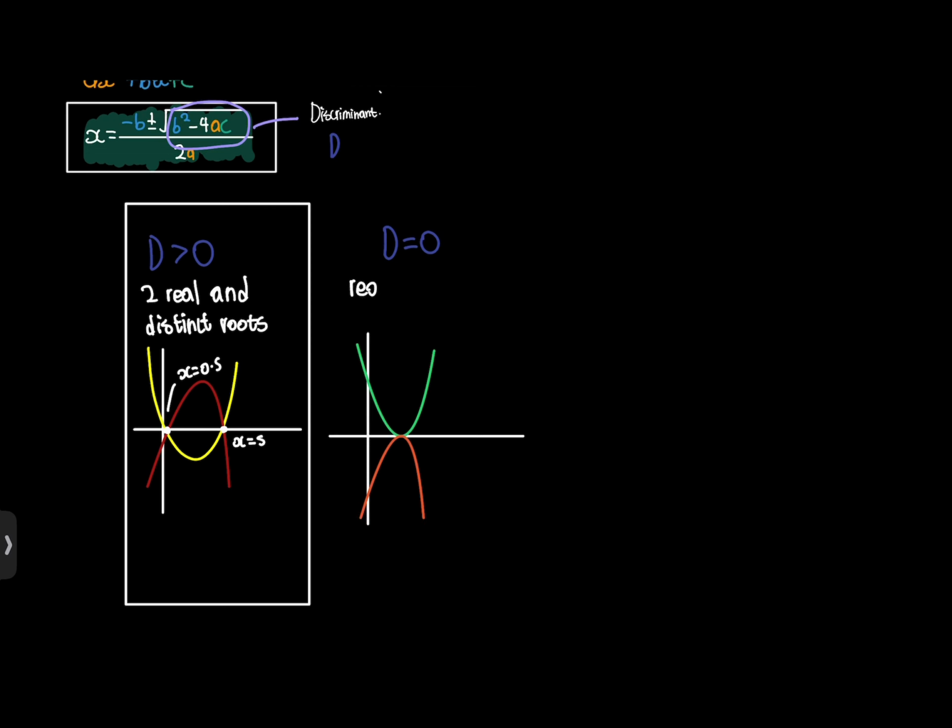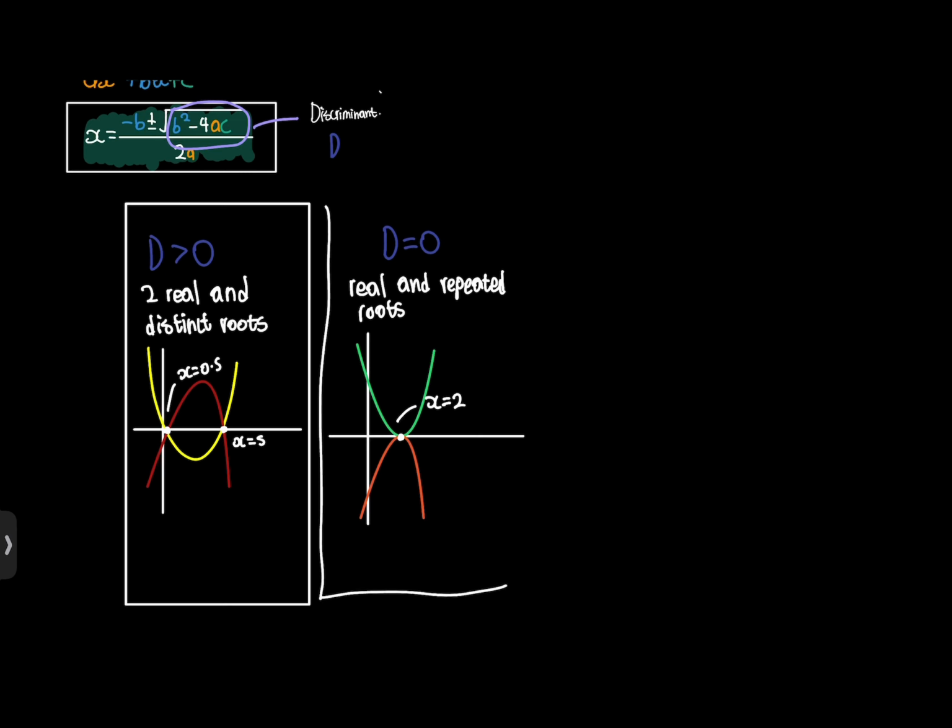Real and repeated roots. This just touches the x-axis at one point. Maybe this is, I don't know, x equals 2, right? So it just touches. That's what a tangent means.